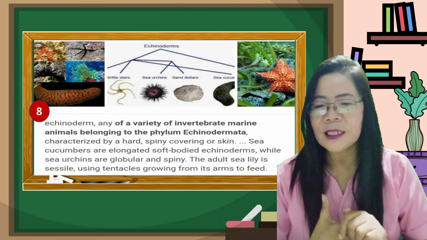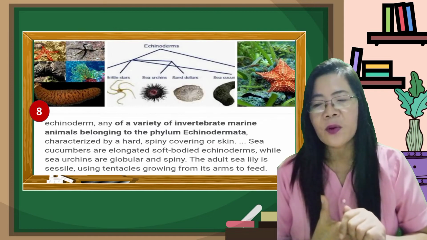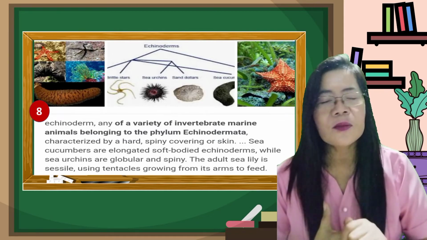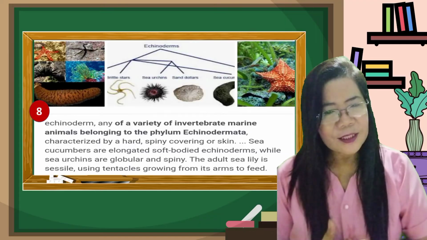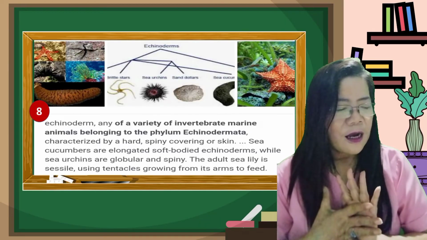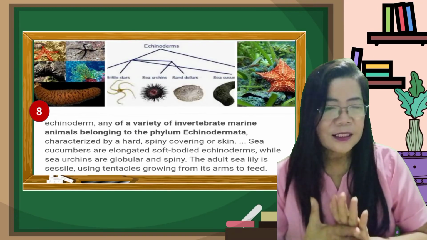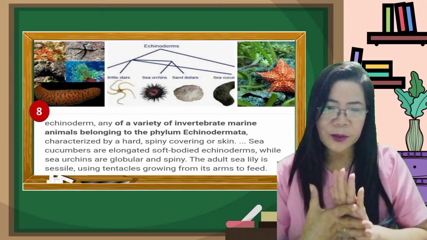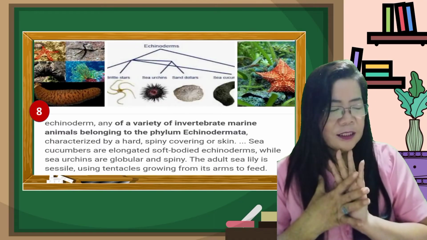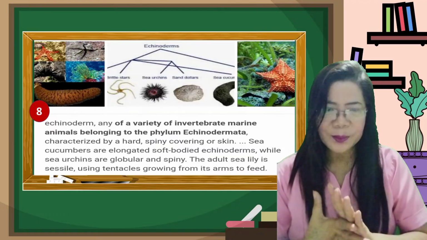The adult sea lily is sessile, using tentacles growing from its arms to feed. So examples of echinoderms are starfish, sea star, sea lilies, sea urchins, sand dollars, and sea cucumber.